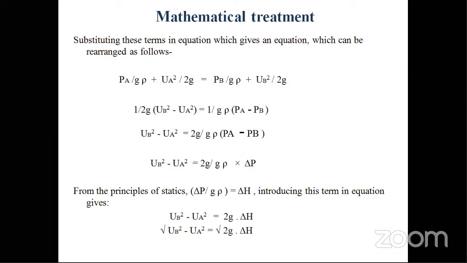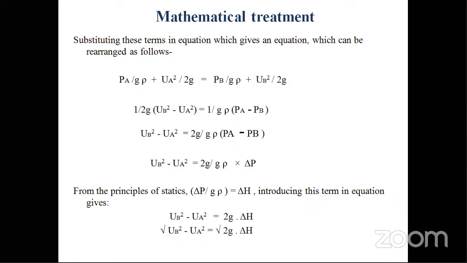The pressure head equals the pressure difference divided by the gravitational force and the density of the fluid, because if the density is more, the pressure is more, and if the density is less, the pressure is less. So by this equation we can calculate delta H. So delta P by rho equals delta H. We put it in the equation: UB square minus UA square equals 2g into delta H.